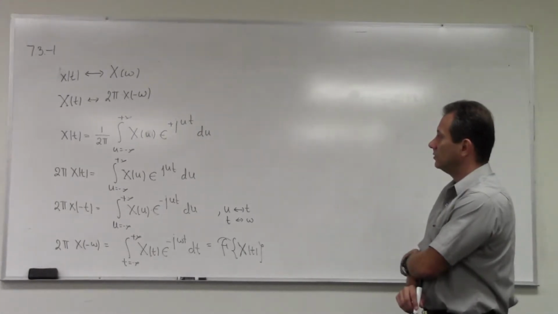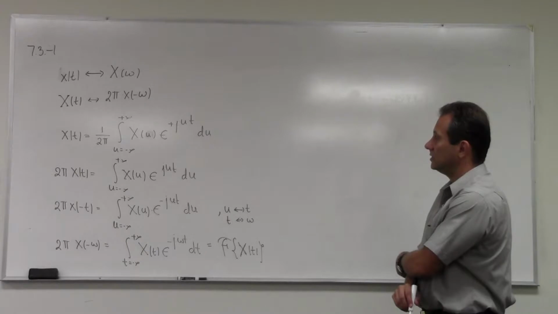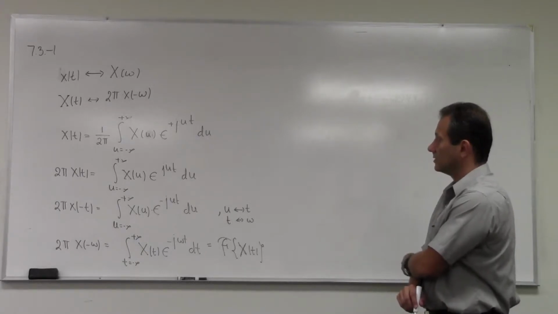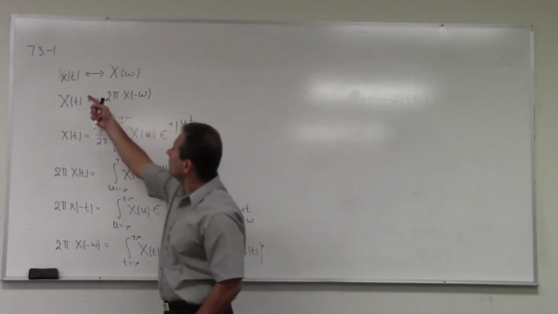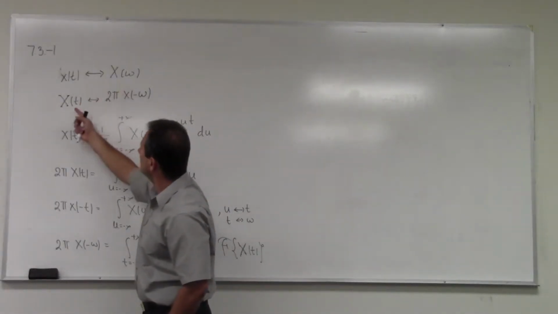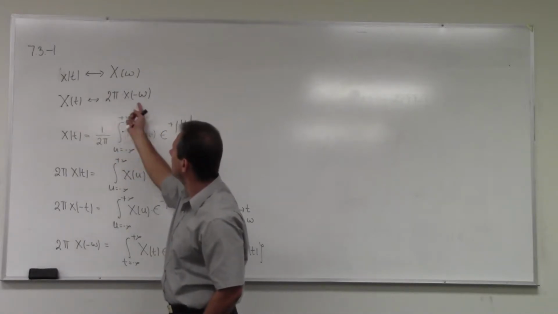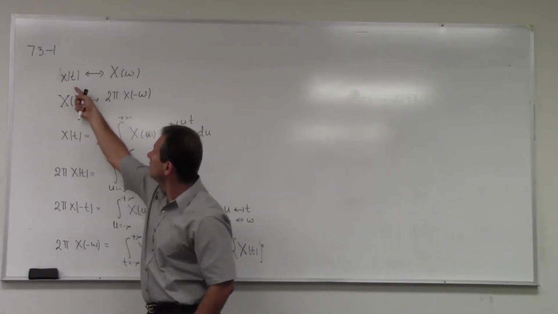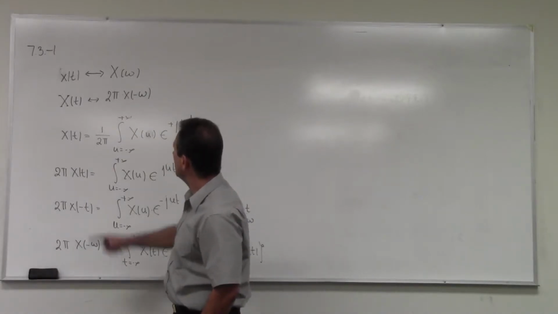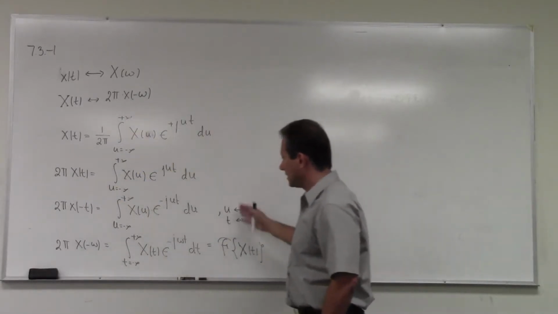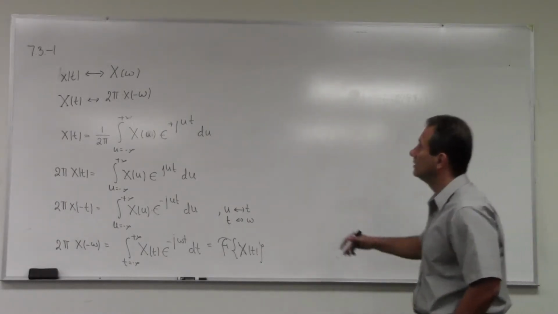Sometimes it's easier to do the Fourier transform of the time domain, sometimes it's easier to do the Fourier transform of the frequency domain. But this tells us that if I know the Fourier transform of the time domain, it is really easy to determine the Fourier transform of the frequency domain. All I need to do is take this x of t and substitute minus omega, times 2 pi. So that's a formal derivation of duality. That's it.